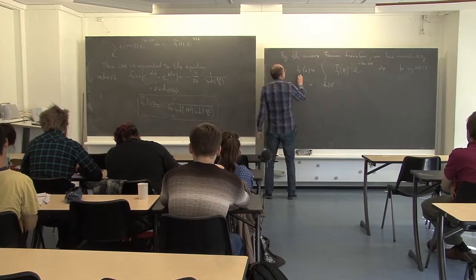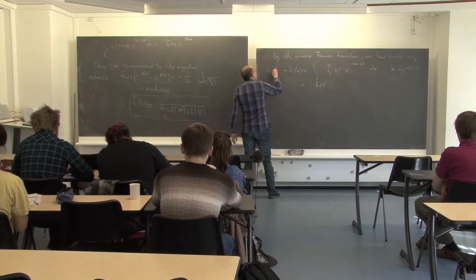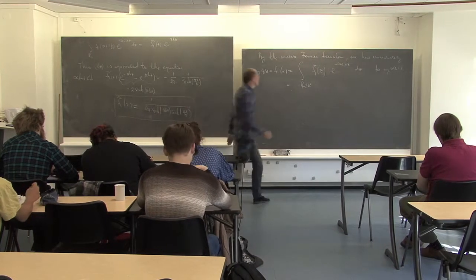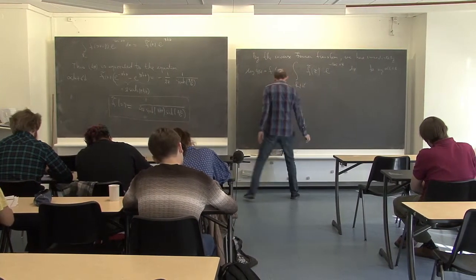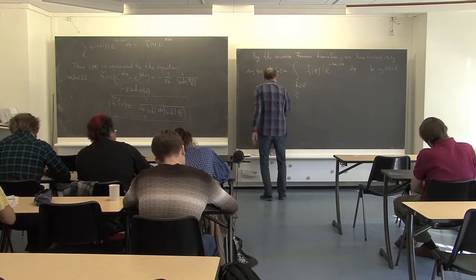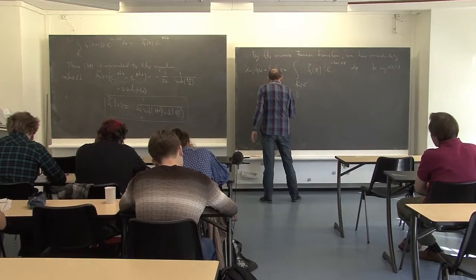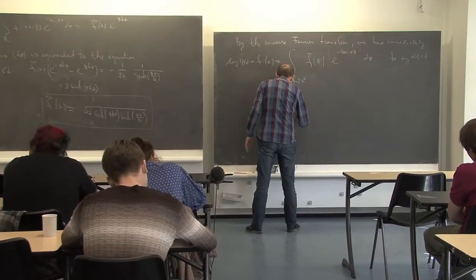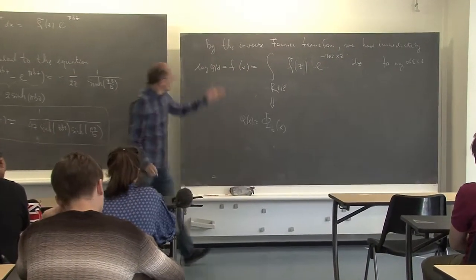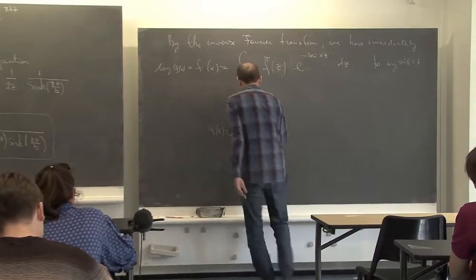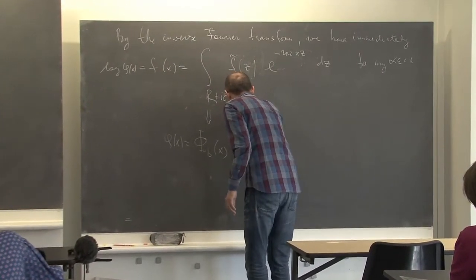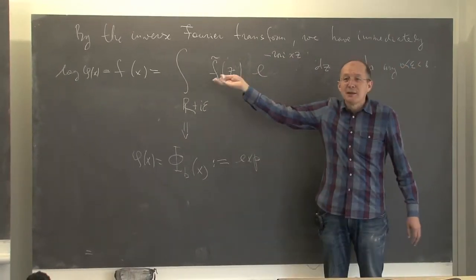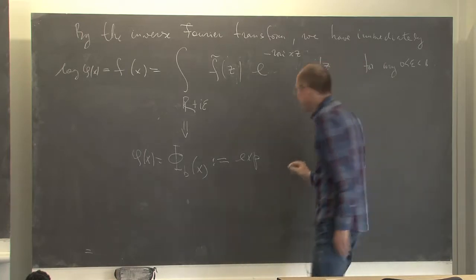So remember that this was a log of phi. So now I will write it explicitly. Phi of x is equal, that's now a special function, phi b, which is a definition, exponential. Now no complaints because the inverse of log is well defined.